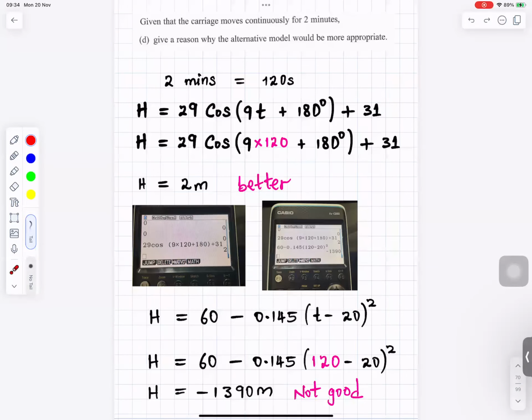So the carriage moves continuously for 2 minutes. 2 minutes is 120 seconds. So instead of time, we replace it with 120 seconds and work it out. So h, you work out what that would be. When we do that, this one will give us a height of minus 1,390 meters, which is not good.